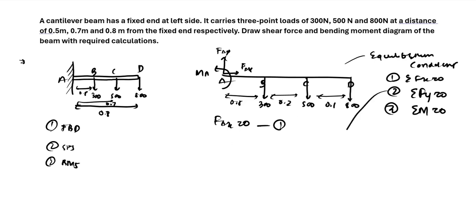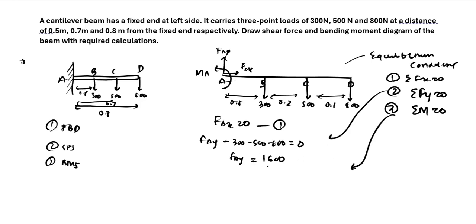And from the second equilibrium condition, we have FAY minus 300 minus 500 minus 800 equals 0. So we will have FAY as 1600 in the upward direction.